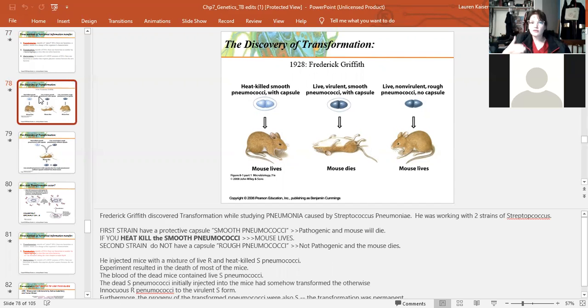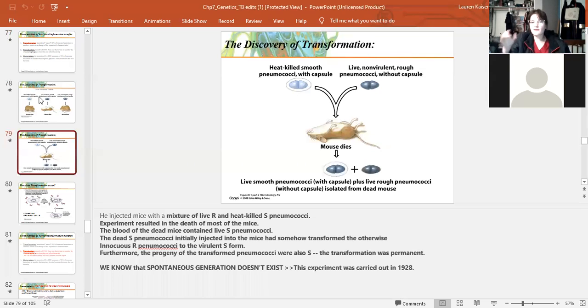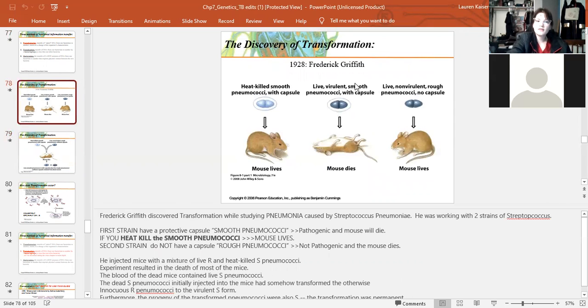So obviously the live virulent pneumococci smooth with a capsule kills the mouse. What we wound up seeing is that if we did the heat-killed version, the mouse lived.